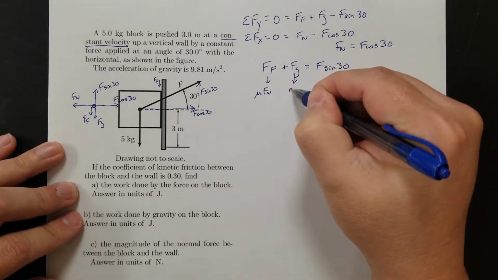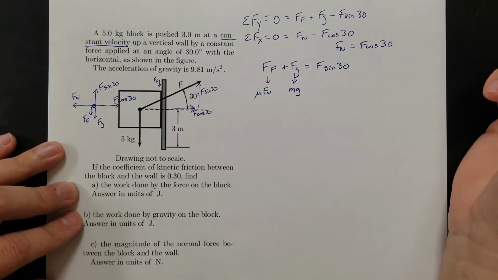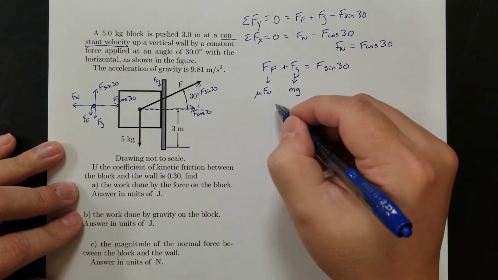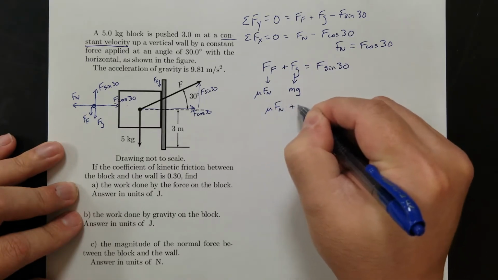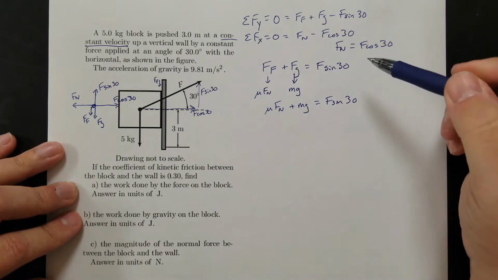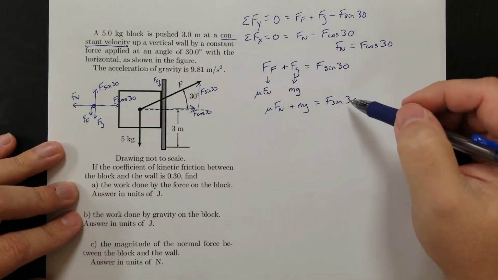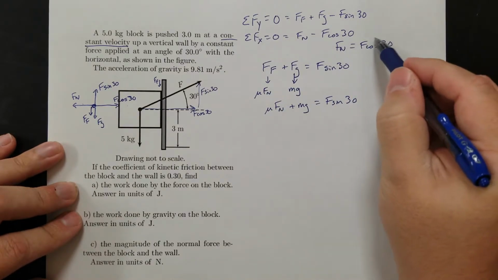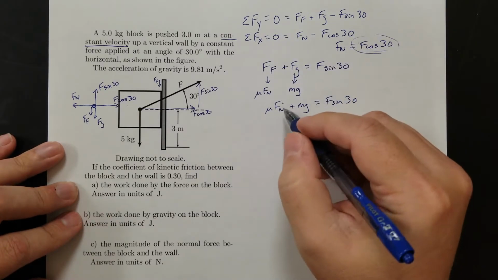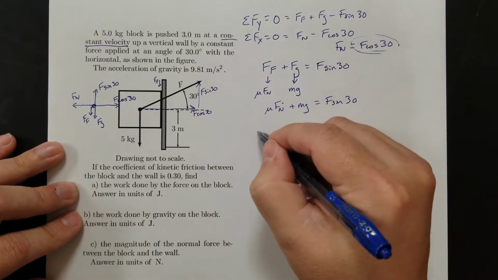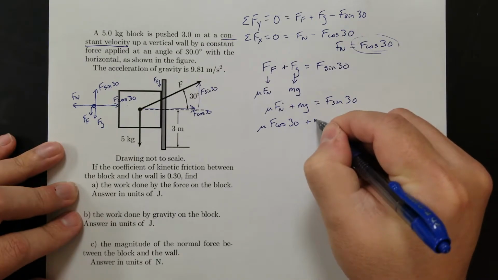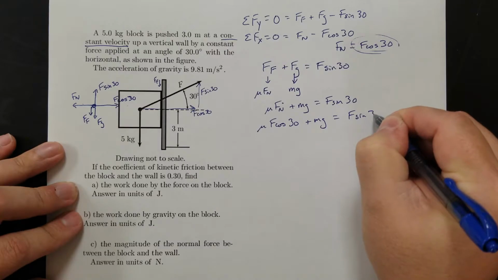And Fg is mass times g. So I can plug these two in, and I can say that mu Fn plus mg equals F sine 30. I know what Fn is, so I can plug this in here. So I can say mu times F cosine 30 plus mg equals F sine 30.